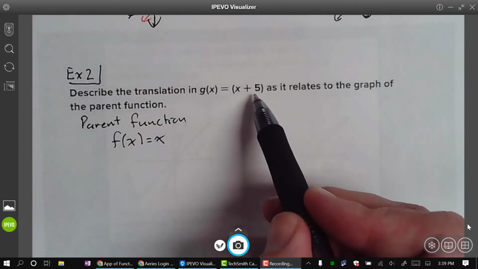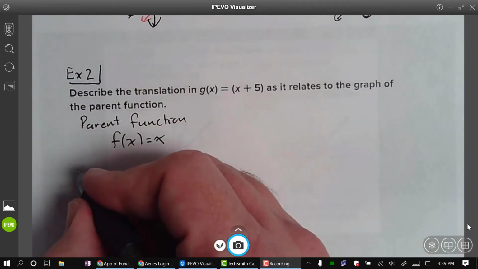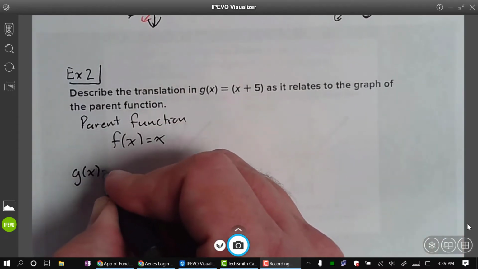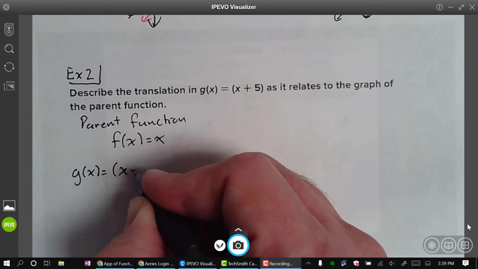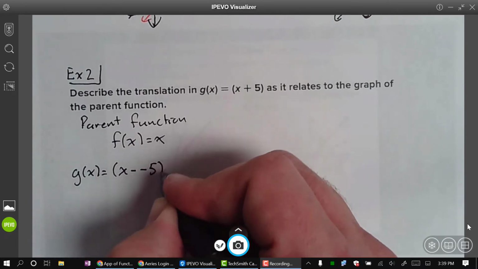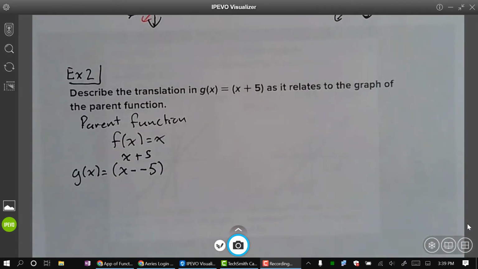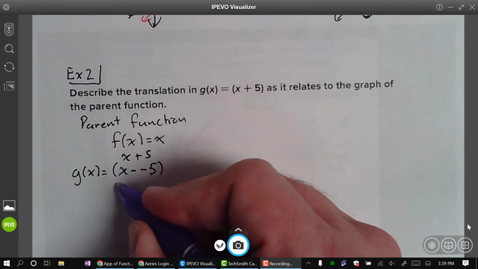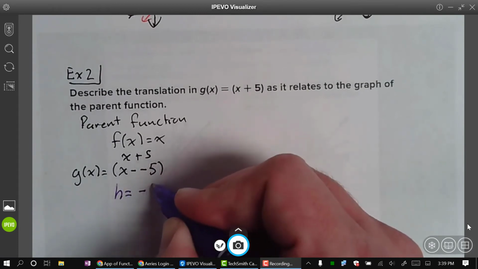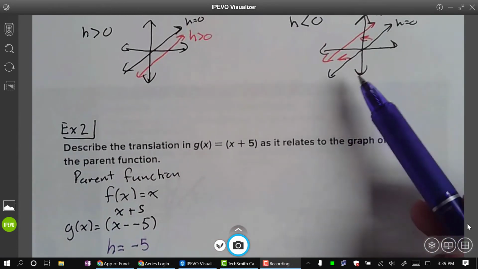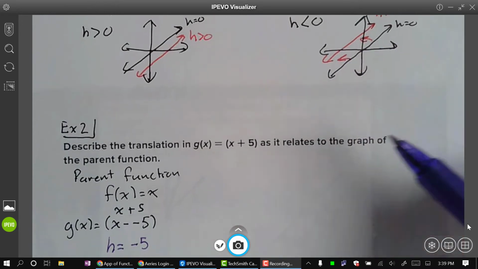Since it's horizontal, this is g of x equals x minus negative 5, because x minus negative 5 is just x plus 5. It's just a different way of writing it. So my h value for this one is negative 5, and as we saw up here, that means it's going to be a shift to the left.